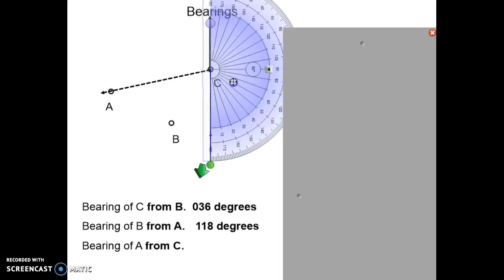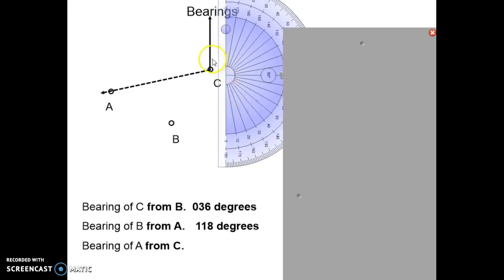position it like that, and what you might notice is I'm trying to measure a reflex angle, but I've only got a 180 degree protractor. So when you find yourself in this position, what I suggest you do is take your north line and extend it southwards like this, you can see here that we have a half turn, 180 degrees.